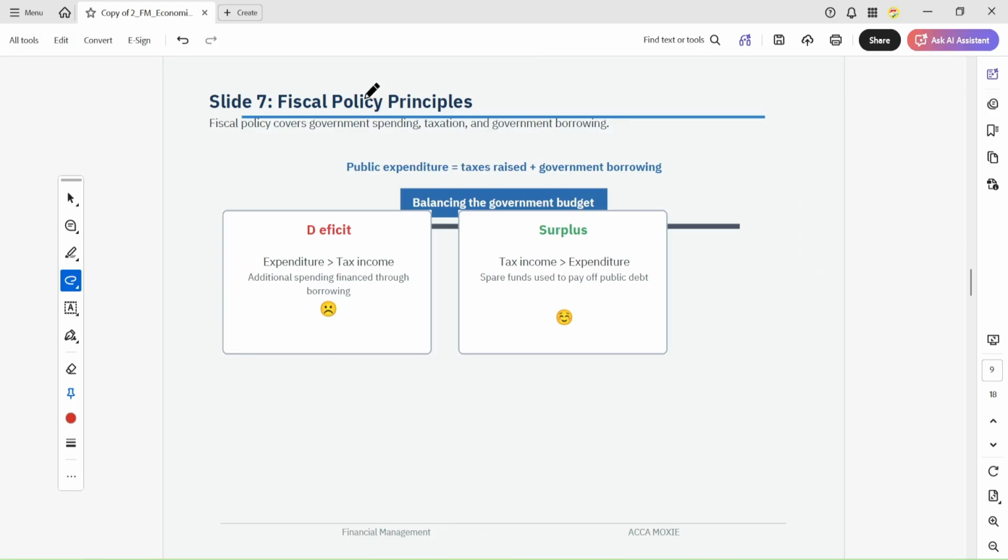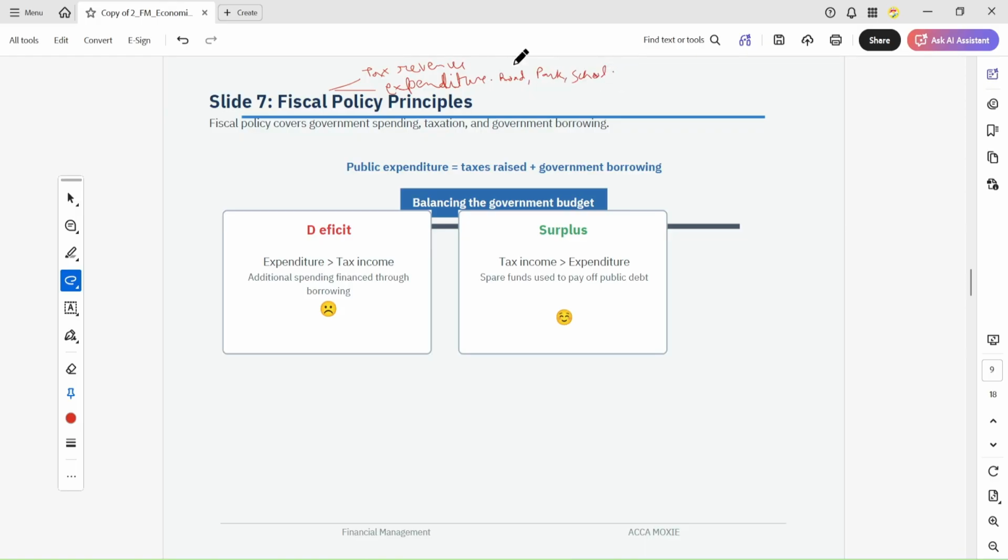See, fiscal policy is about the tax revenue and the expenditure. Okay, so how much tax you want to collect from the citizens, and how much you want to spend on road construction or parks, schools.